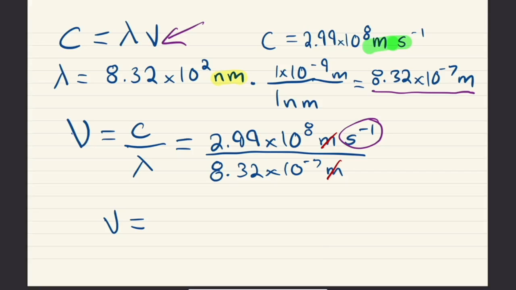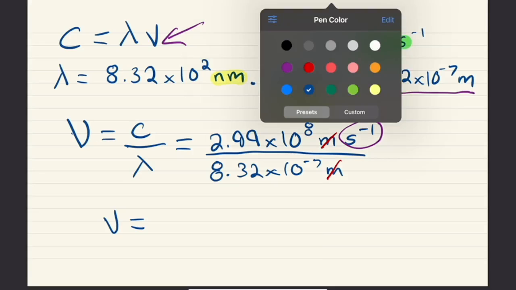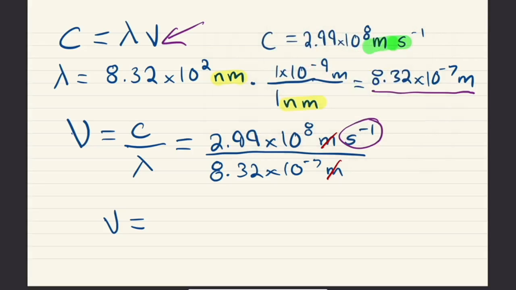So it would be best for us to convert, and we convert that utilizing dimensional analysis. In this dimensional analysis, we should be able to see that we are canceling nanometers and leaving ourselves with a value in meters. Same number of significant figures, and that will be 8.32 times 10 to the negative 7.